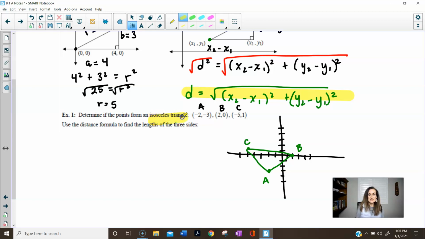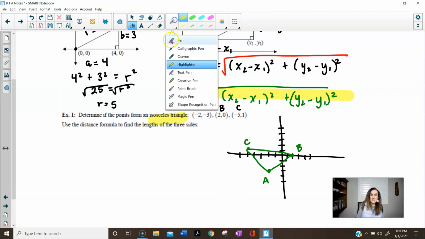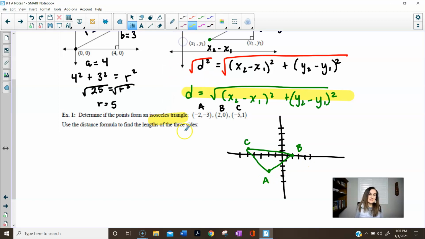So isosceles triangle, 2 of these would be the same length. Just looking at it, it doesn't really look like an isosceles triangle, but I could go ahead and find the distance from point A to C, point C to B, and point A to B. After finding the distance, I can see if any of those come out the same to determine if it's an isosceles triangle.